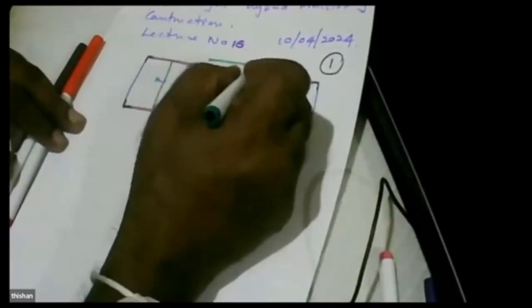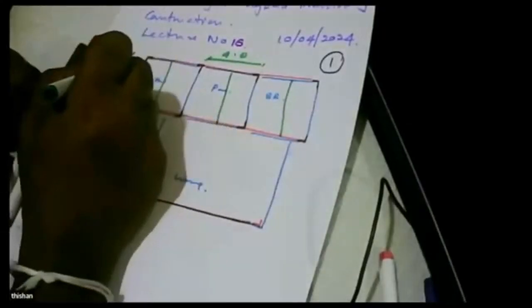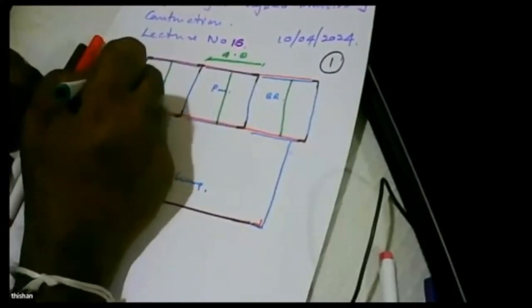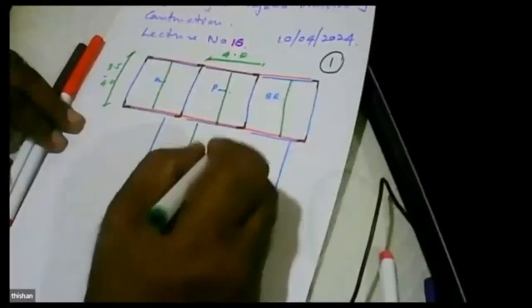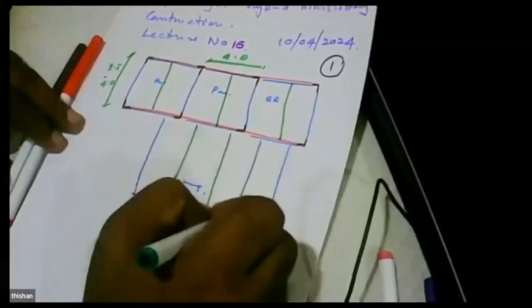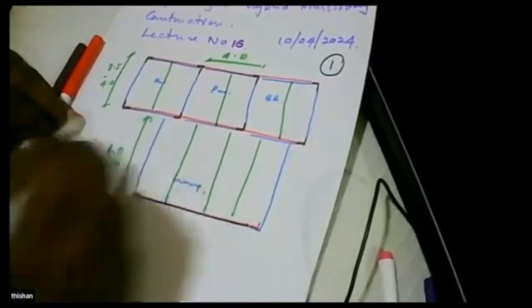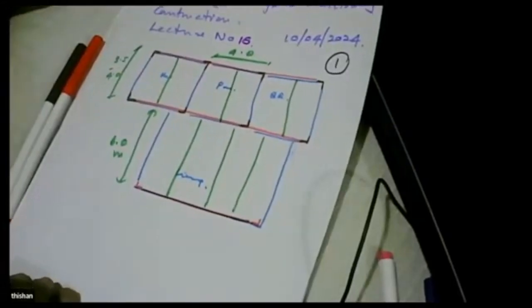These can be about 4 meters, and in this direction it can be any amount, can be 3.5 to 4 meters, and if you want you can have even larger spans like 6 meters. So when you look at these, you can see there are no restrictions as such. You can have any size that you like.